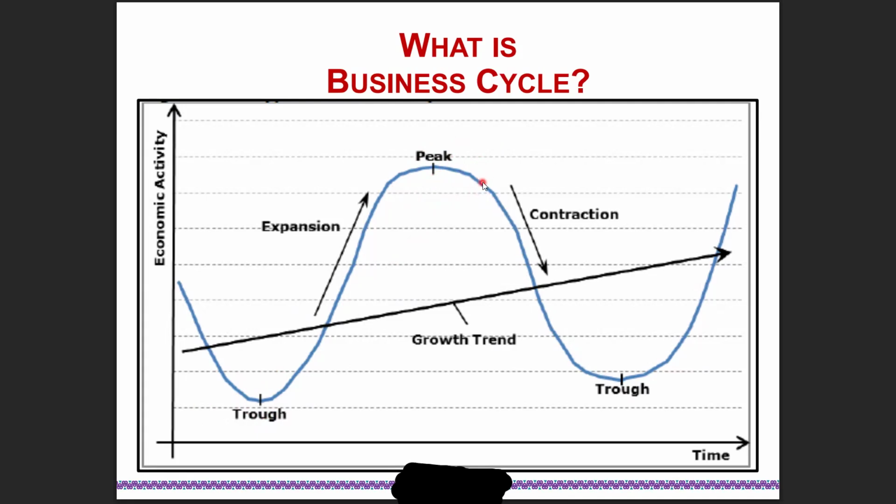So basically, the Keynesians believe that the occurrence of these cycles is caused by factors within the market system, and that government can intervene using monetary policy and fiscal policy, right? To stimulate, to smoothen out the downswings and the upswings of the business cycle, right?